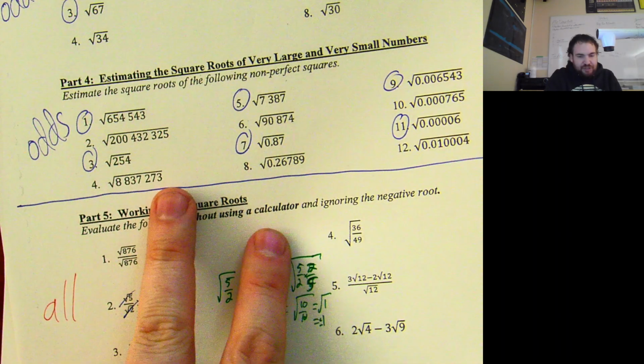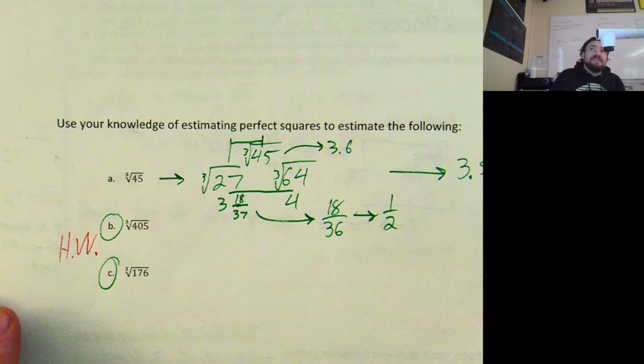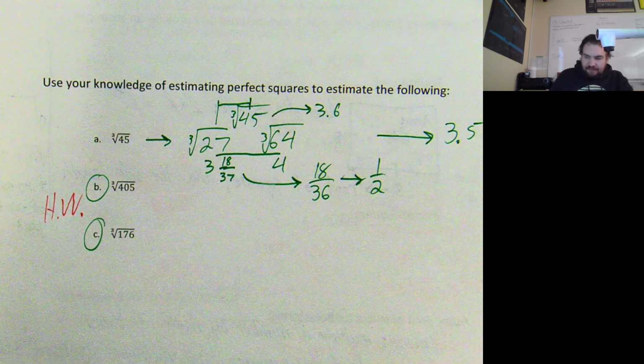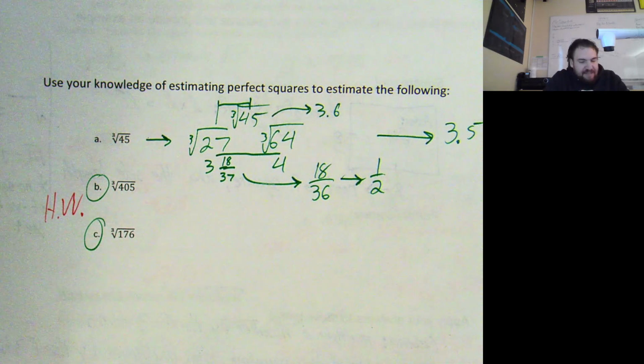Okay. So, we'll do these two first. B and C. Hands, if you did B and C, what were your estimates?